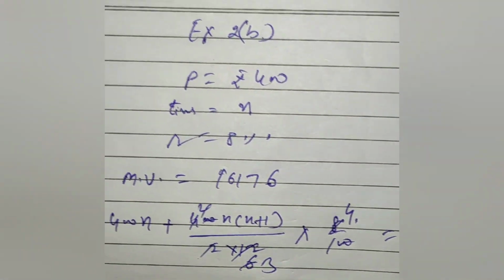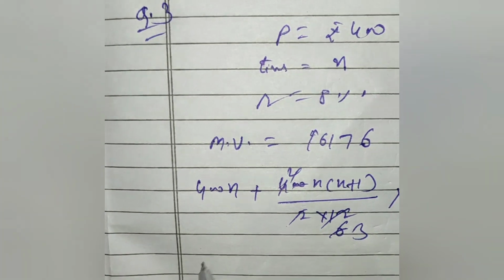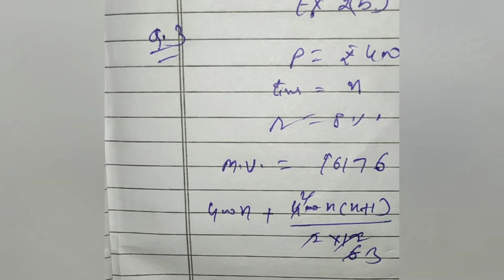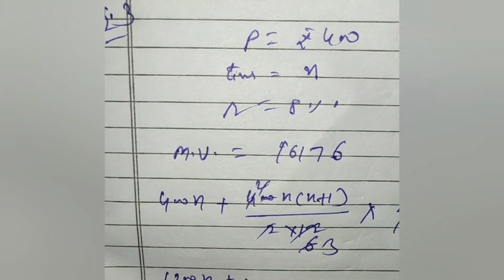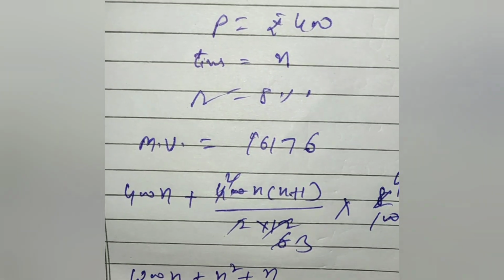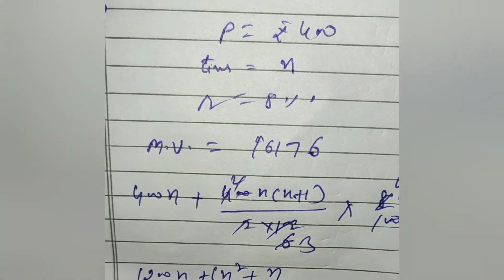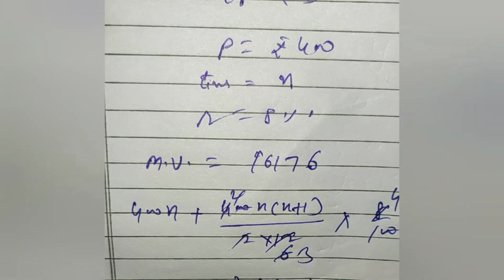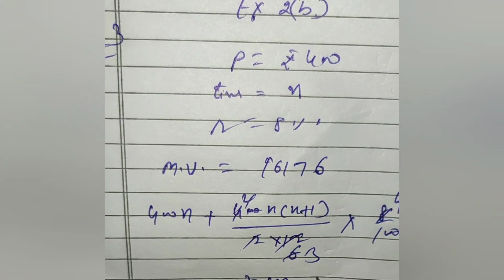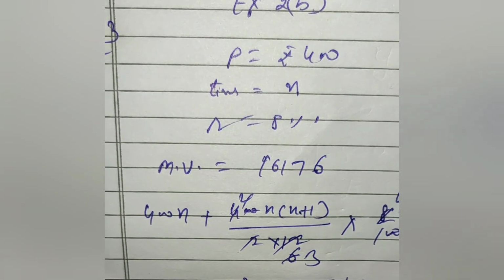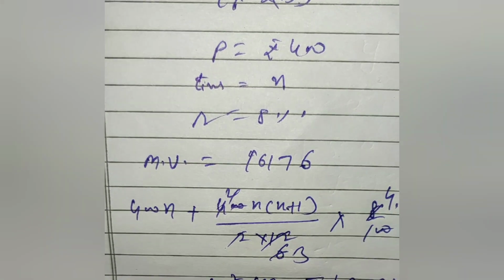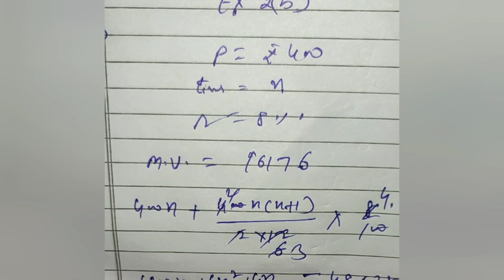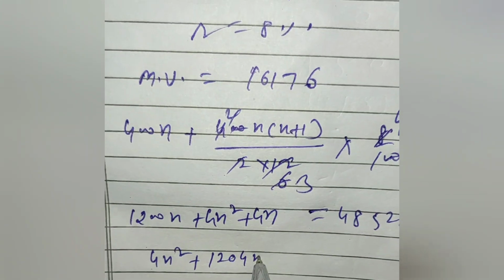Then simplify it: it becomes 1200n plus n square plus n, so 4n square plus 4n is equal to 48,528.